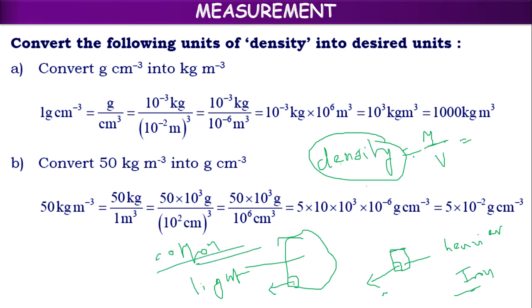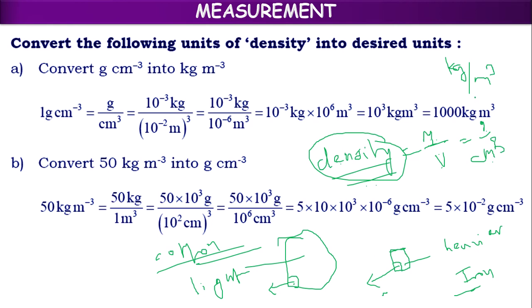So here density formula, mass by volume, children. Mass is measured in grams, volume is measured in centimeter cube. Means we can have units of density gram per centimeter cube, or if you take in MK system, mass is measured in kilogram, volume is measured in meter cube.